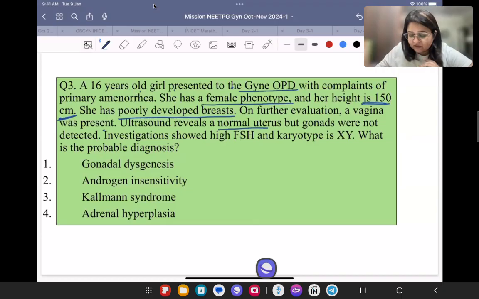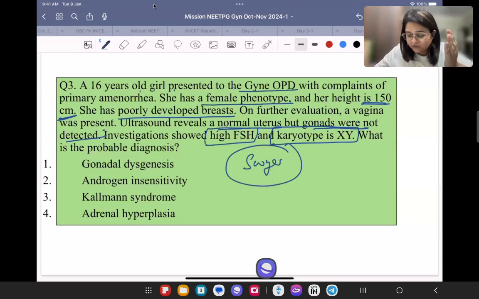Ultrasound reveals a normal uterus, but gonads were not seen. That's because they're small. In gonadal dysgenesis, you may not be able to visualize the gonads on any imaging. Investigation shows high FSH and the karyotype is XY. So this is telling you, in fact, a better answer would be that this is Swyer syndrome.